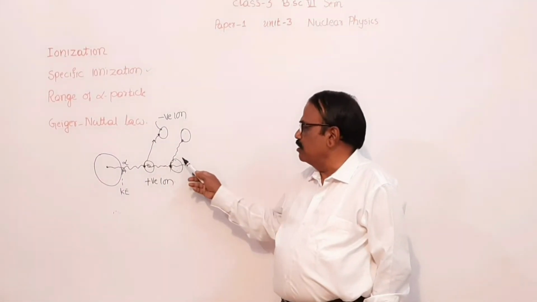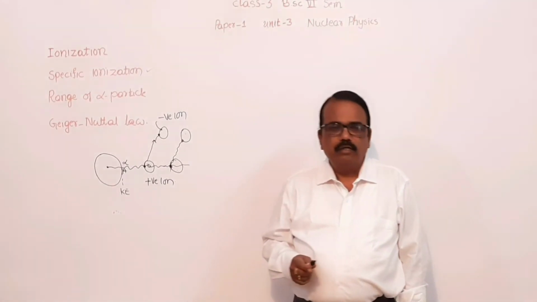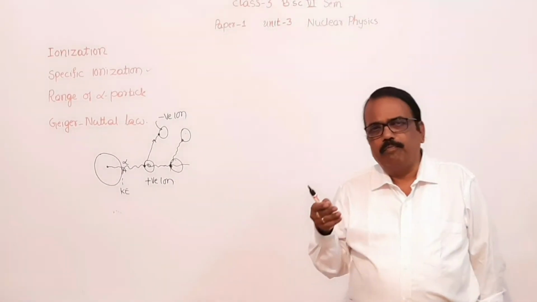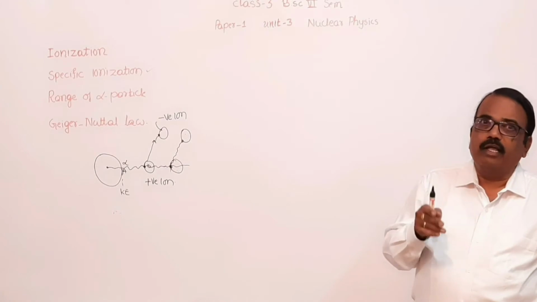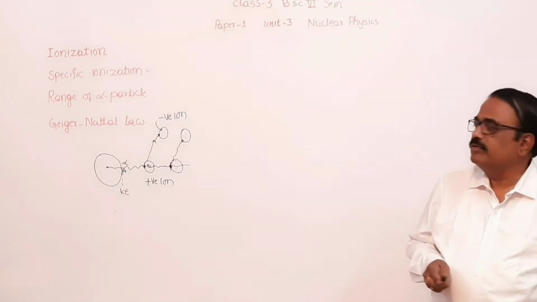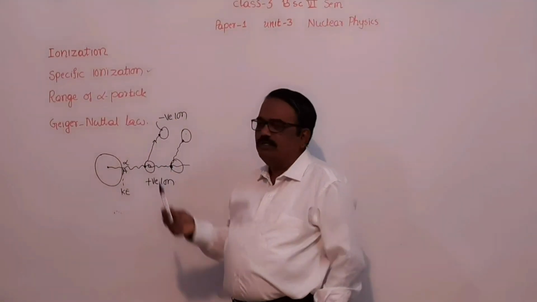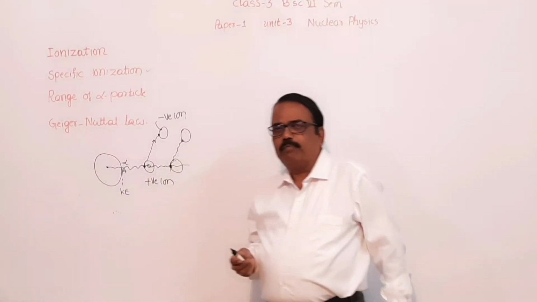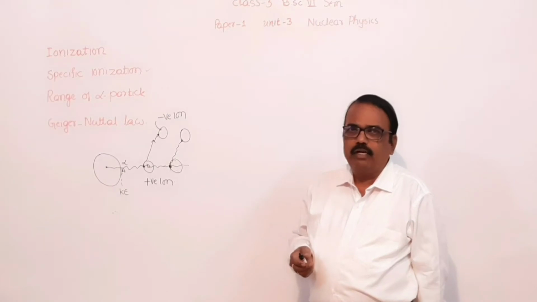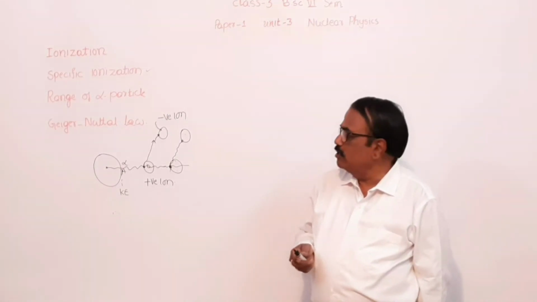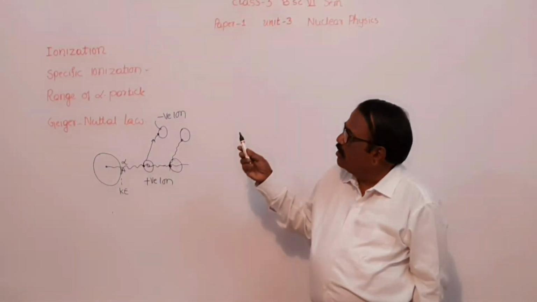This is one pair and this is another pair. The number of ion pairs produced per unit length is called as specific ionization. Number of ion pairs produced per unit length is called specific ionization.